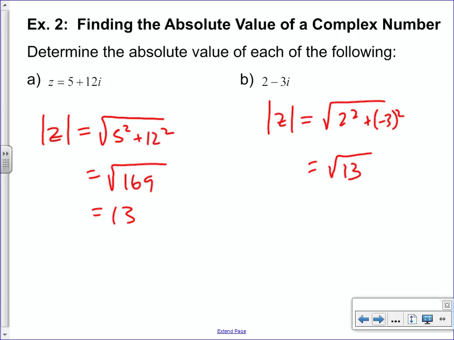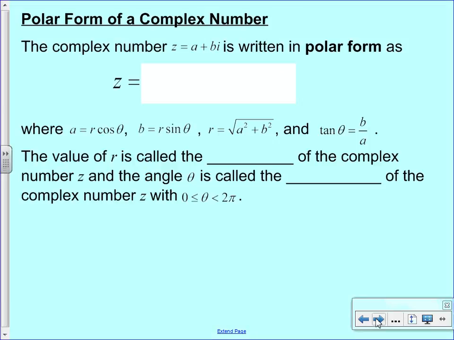Am I going too fast? Good. Okay, so last time we learned that x was r cosine and y is r sine. A and B are just like x and y. So, to change it from complex to polar, pretend your a is your x and your b is your y.